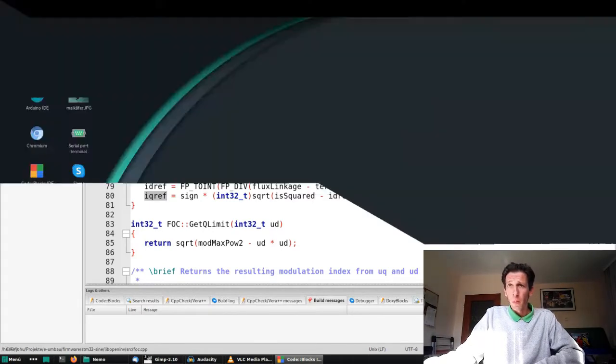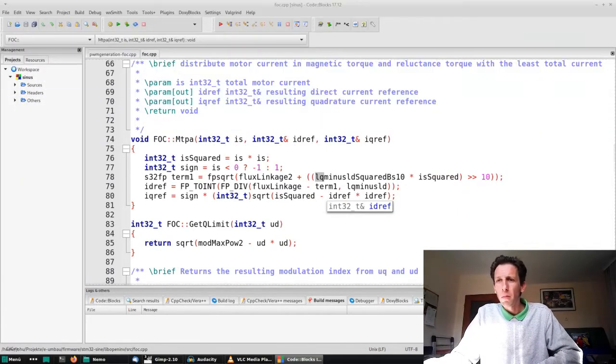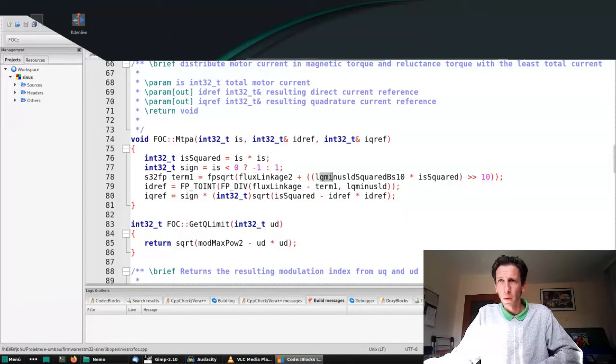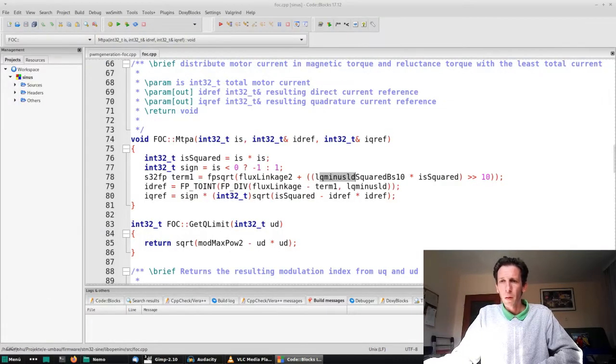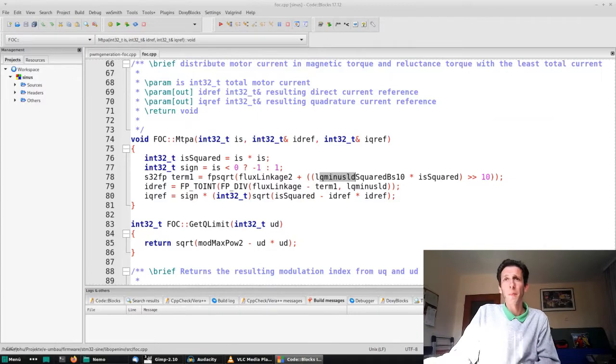Yeah, and what also helps is that we're not actually using, for example, the absolute value of the quadrature inductance and direct inductance, but we are using the difference between them. So that eliminates even more differences between different motors.